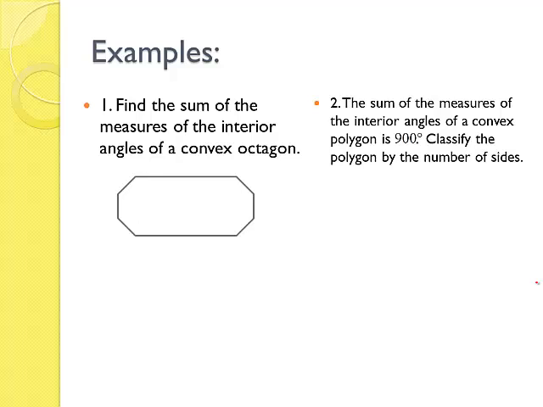Okay, so we have our first example, and what I would write at the top of your notes or have easily accessible is the n minus 2 times 180 degrees. It says find the sum of the measures of the interior angles of a convex octagon. The main thing is you look at these two things. Interior angles means you use this formula. Octagon, you need to know, has 8 sides.